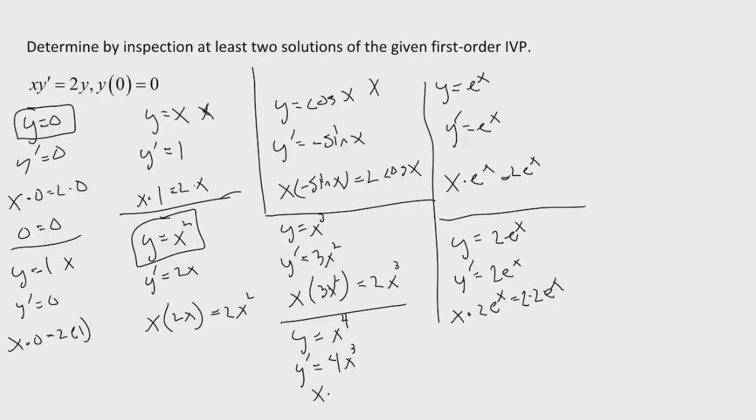X times 4x cubed, 2x to the fourth. Okay, so that's not going to work either. So it turns out the only two spots we get this is at specifically y equals 0 and then x squared. And I bet if we threw other constants in there, maybe we could play around with that. But we found two solutions.